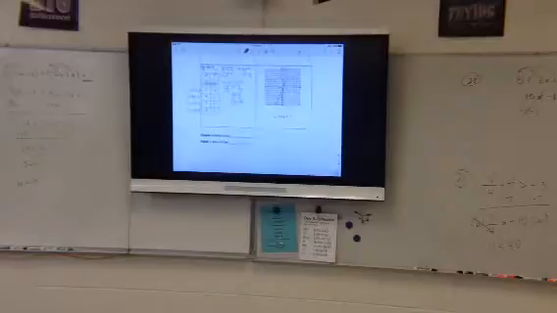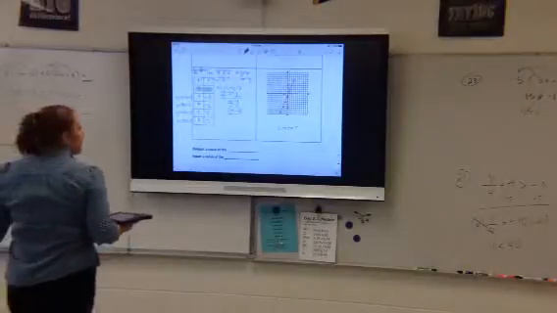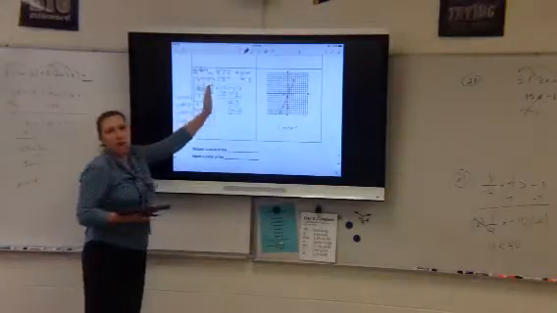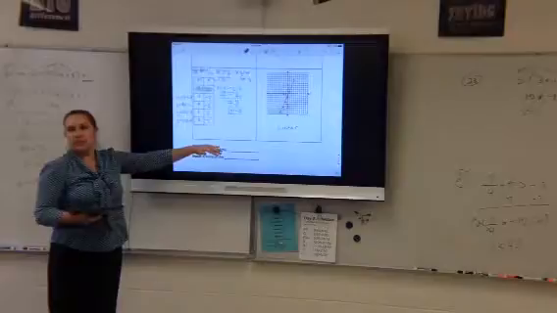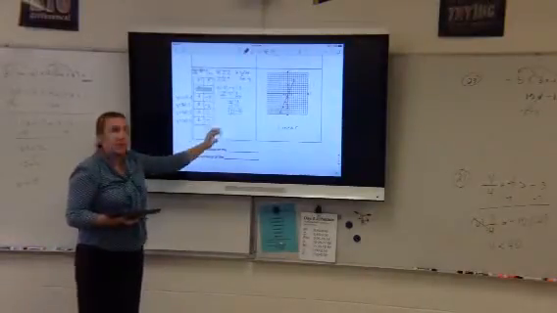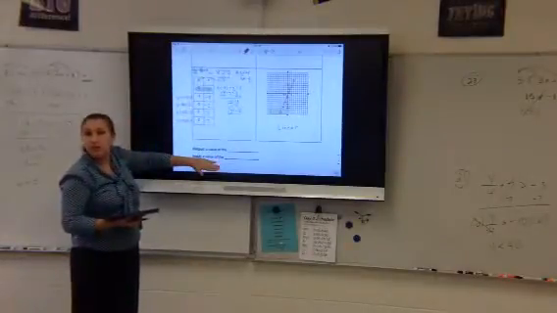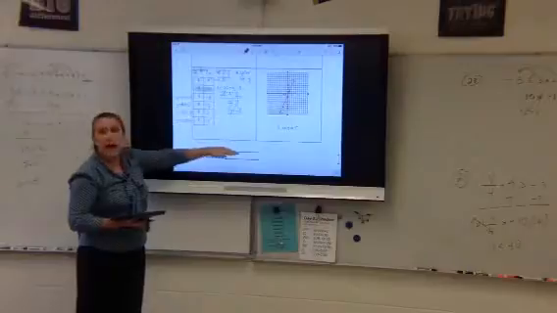Alright, so now the next two words we see there are output and input. What value do you think is the output numbers? Give me a hint. It's either X or Y. Which ones are the outputs? The Y's. What's coming out? So what are we plugging in? What we're plugging in is the input. What we get out is your output.